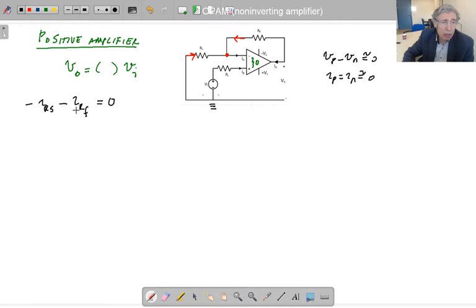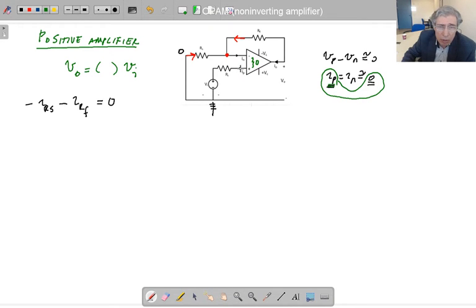This equation is not the one that I am looking for, because I am looking for an equation relating V out to the input. So I am going to transfer these variables to those variables. How could we do that? This is ground, isn't it? Connected to ground, so that node voltage is 0. What about this node voltage? The definition relation of the operational amplifier says the IP current is equal to 0.